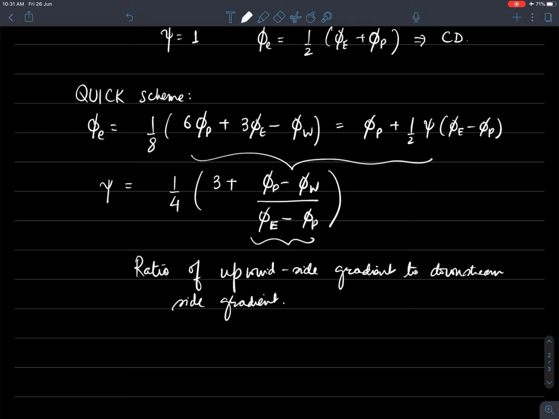Upstream would mean what is before it, so that would be phi p minus phi w, because you need the gradient at the phase w.